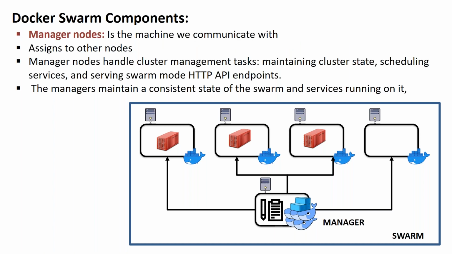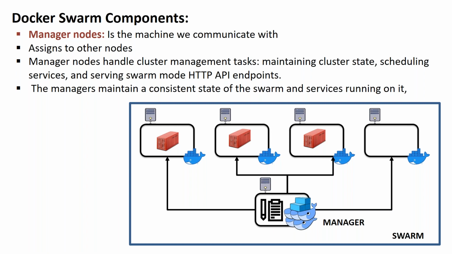Then when we talk about this group, I was telling you that you will just go to one of the machines, and this is where you are going to communicate. So in Swarm mode, or cluster mode, we can typically segregate all the machines into 2 types. The first type of machine is what we call a manager machine.